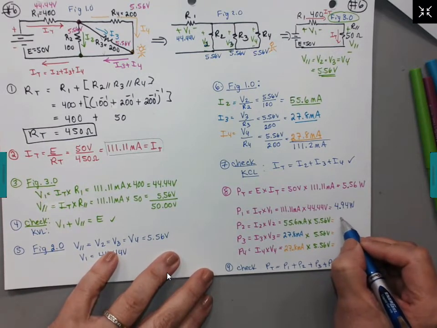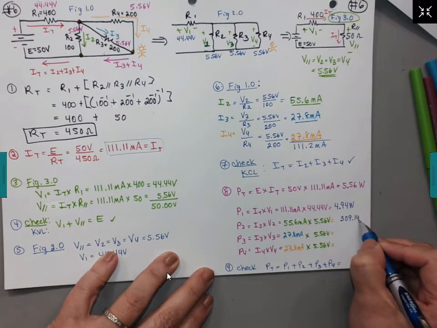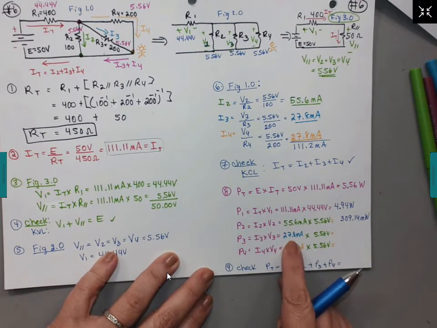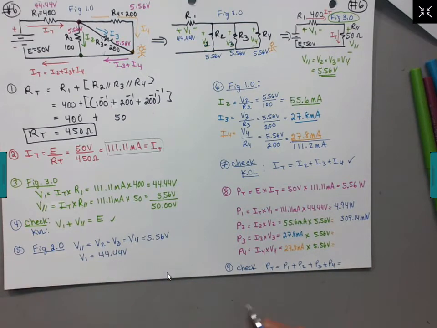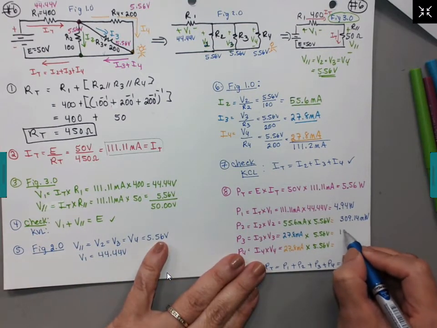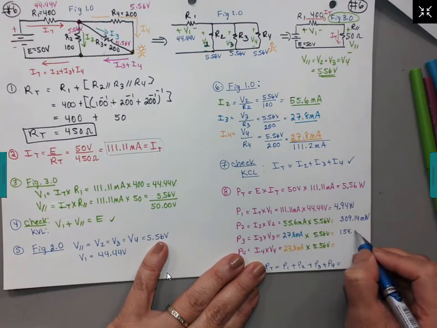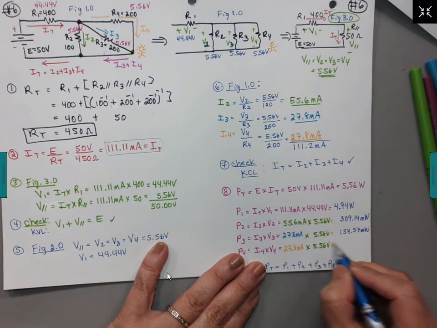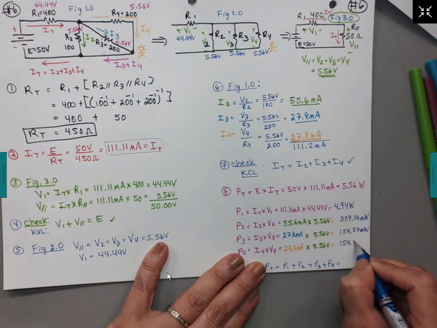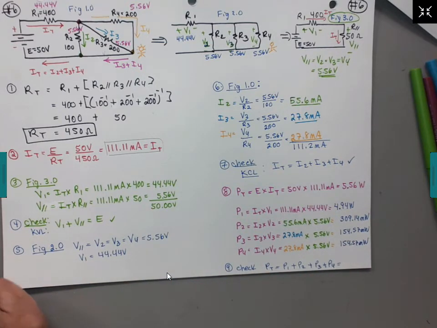309, is that what you guys got? Yeah, 309.14 milliwatts. And look at this guy. He's half of that guy. So it should be half. 154.57. Yeah. And the other one is the same because it's the same as the other one. If you add them, do you get the answer?